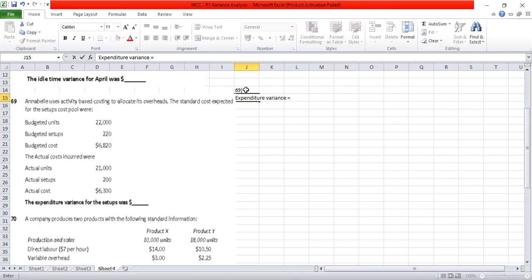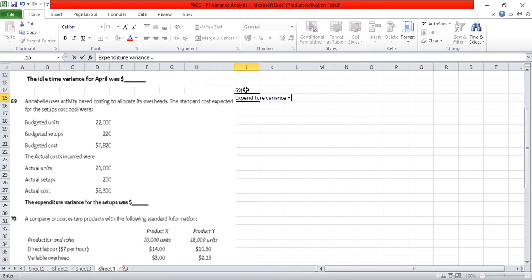Annabelle uses activity-based costing to allocate its overheads. The standard cost expected for the setup cost pools were: budgeted units are given as 22,000, budgeted setups are given as 220, budgeted cost is 6,820.